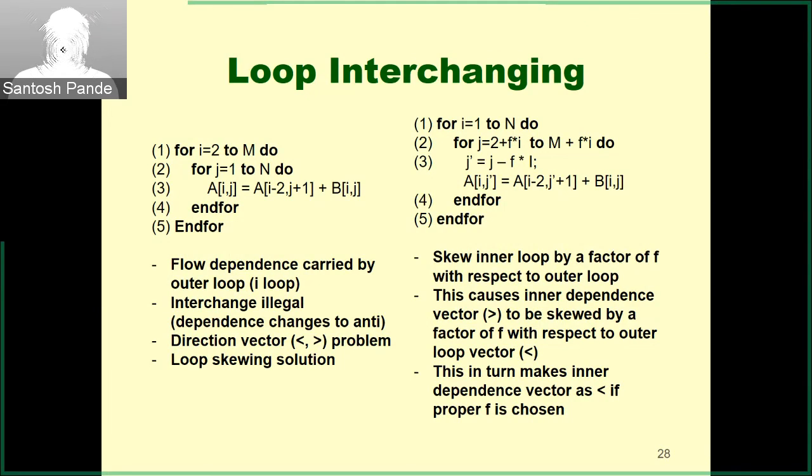And what we have done here on the right hand side is exactly that. You can see that we have skewed the iteration space of J from 1 to n by boosting it, by multiplying a factor f with I and adding that to J. So now J goes from 2 to 2 plus f times I, and the upper bound goes from m to m plus f times I. So the whole iteration space gets boosted by multiplying f times I and adding it to both lower and upper bounds.